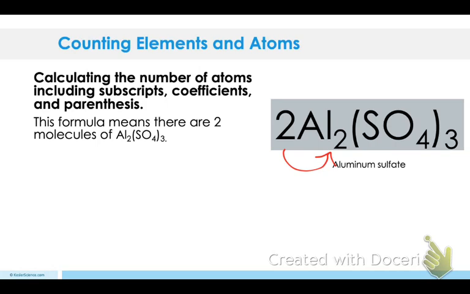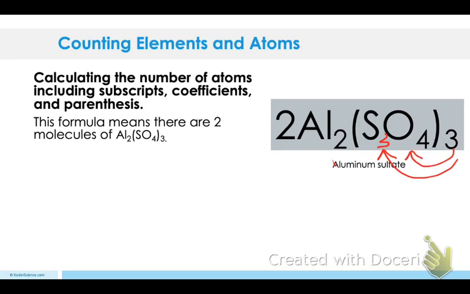Alright. So the best way to take on this problem is before you distribute that 2, since there's 2 molecules, you're going to do the parentheses. So for that sulfur there is 1, so there's 3.